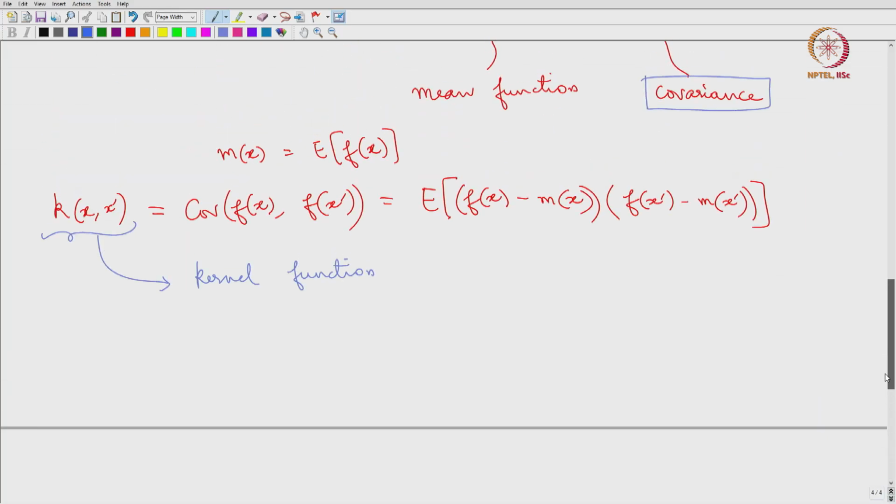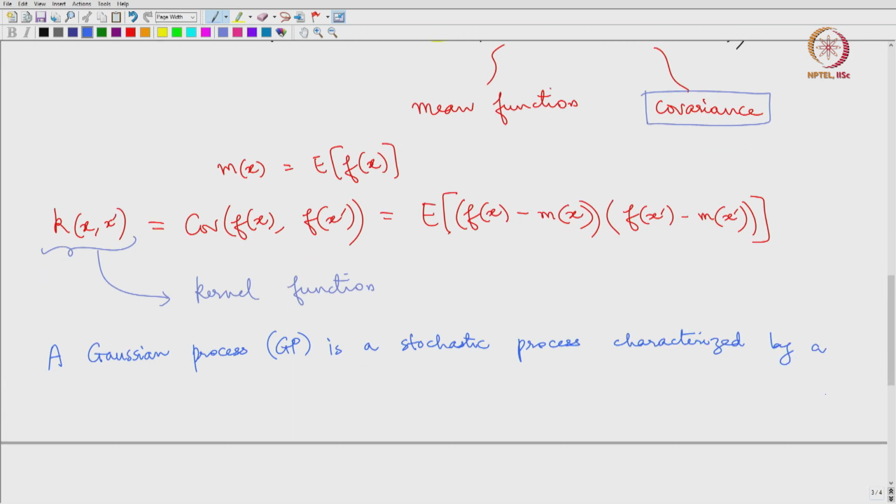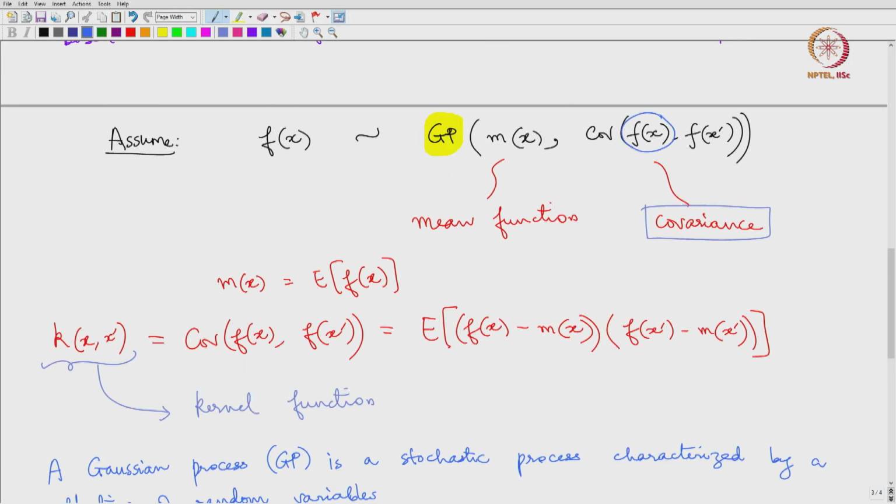So, let us formally explain what is a Gaussian process. A Gaussian process, abbreviated as GP, is a stochastic process characterized by a collection of random variables, and in our case the collection of random variables is the function, right, at every point at which we want to predict it.